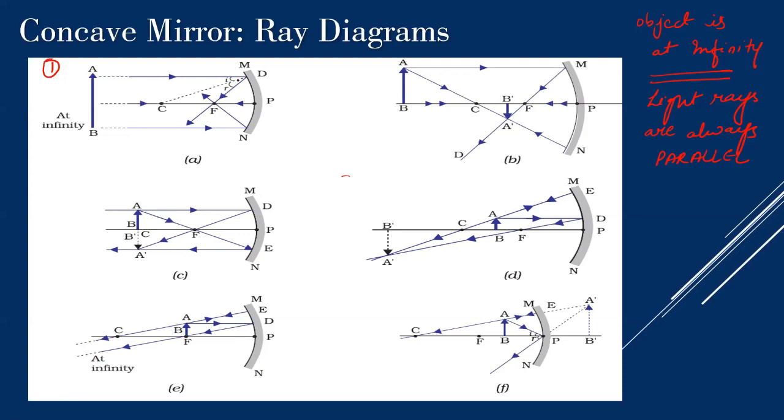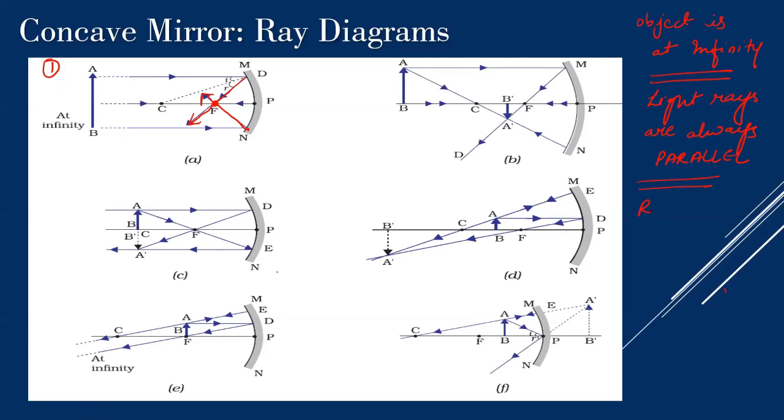They are going to pass through focus. This is your first rule, right? Yes or no? Yes, we had discussed this. Okay, so this is your first image formation. So now where is the image formed? The image is formed at focus. So wherever the reflected rays meet, at that point your image is formed.